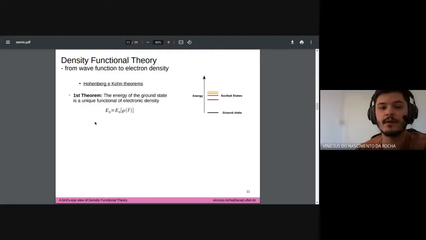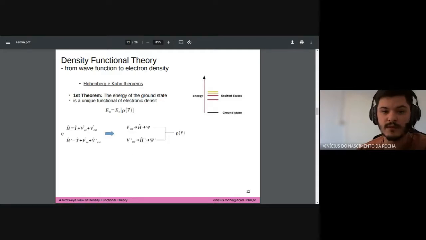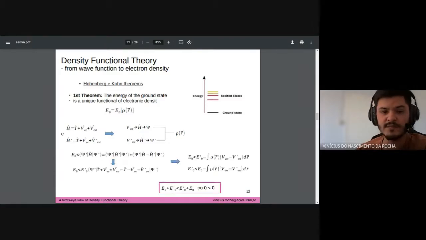So the first theorem says that the energy of the ground state is a unique functional of electronic density. To prove this theorem, we propose two Hamiltonians with an external potential that carry the same electronic density. So the expected value of energy for the system arrives at an absurdity, which proves that the ground state energy must be a unique density functional.